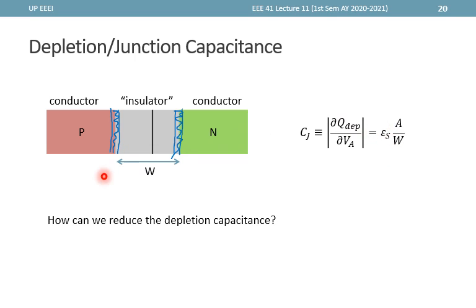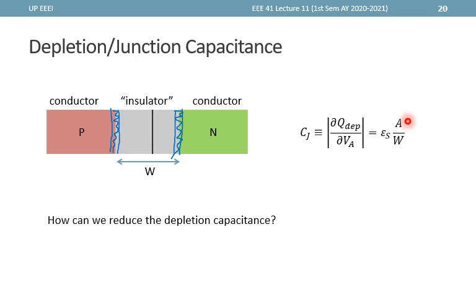Now for some exercise, say we want to reduce this depletion capacitance, then what can we do? Say we have a fixed material, so this epsilon S will not change anymore. To decrease the depletion capacitance, then we can decrease the cross-sectional area.